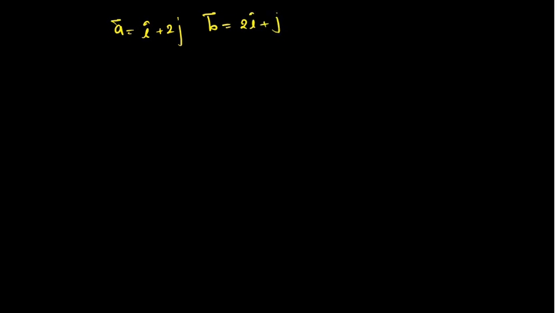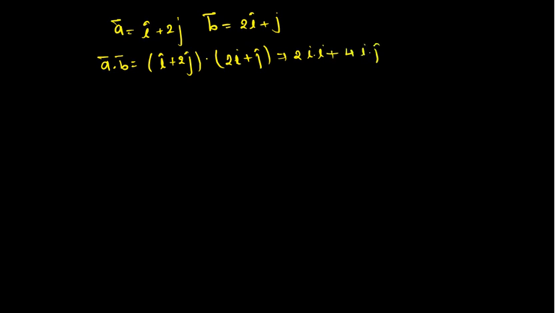If we want A vector dot B vector, we have to do i plus 2j dot with 2i plus j. If you do the dot product, then 2 multiplied by i dot i, plus i dot j, plus 4 i dot j, plus 2 times j dot j.